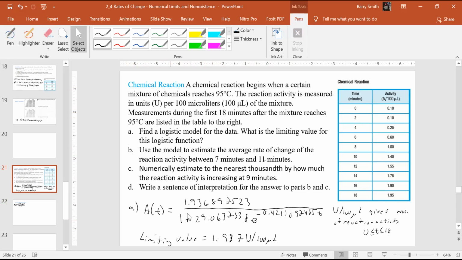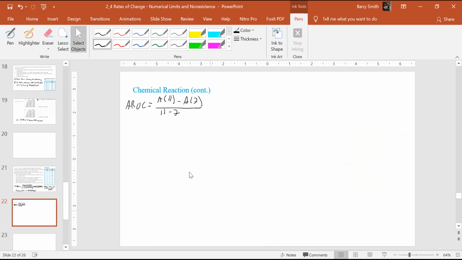Okay, so we're just going to plug in all that with A of 11 and A of 7 and then 11 minus 7. And if we do all that, I'm going to do that on my calculator on hand here, so it's a little quicker. Then, all right, so I'll pause and I'll come back after I type it all in.